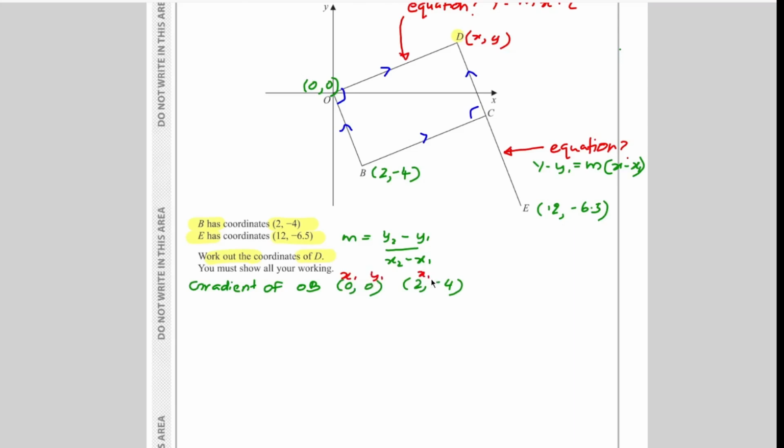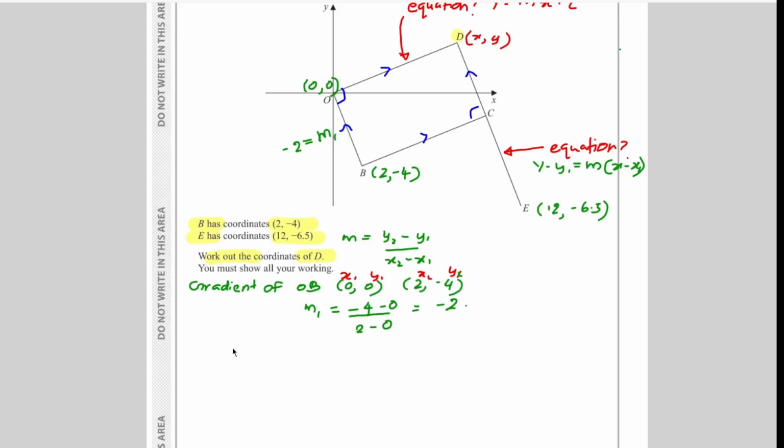This is x2, y2. So straight away use the formula. Let's get the gradient of this line as m1. Then m1 equals y2, which is minus 4, minus 0, over x2, which is 2 minus 0, which gives out minus 2. Then we have the gradient of this line, which is minus 2.